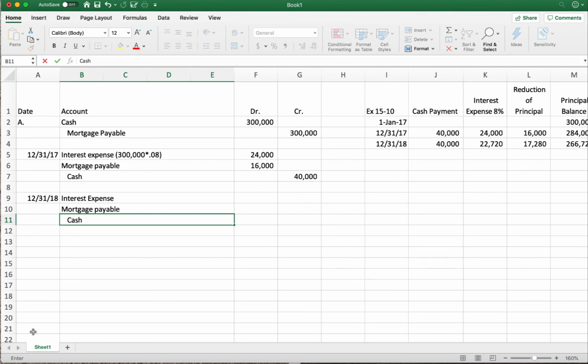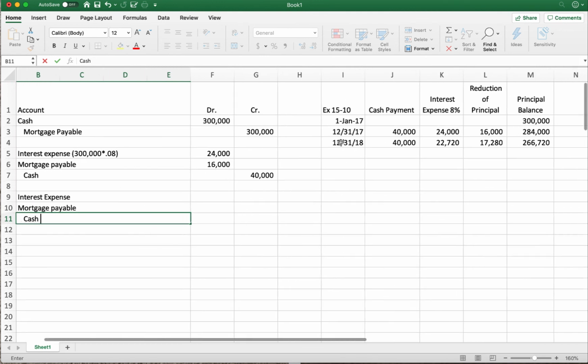What I debit and what I credit is not going to change as long as I'm making an installment payment. The only thing that is going to change are the numbers, and that's okay. That's easy. So, we go to the second installment.